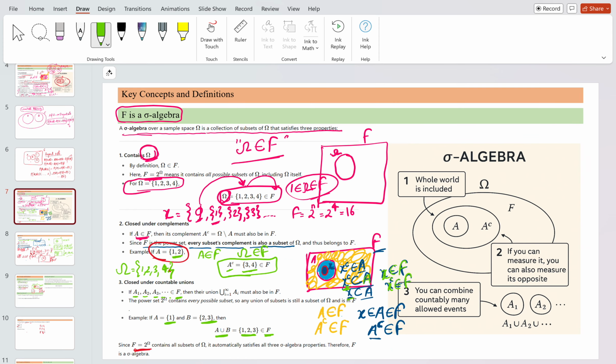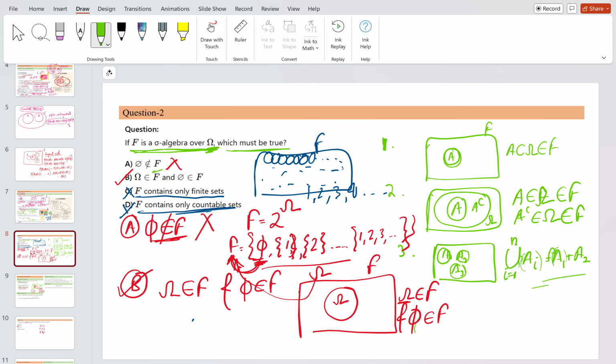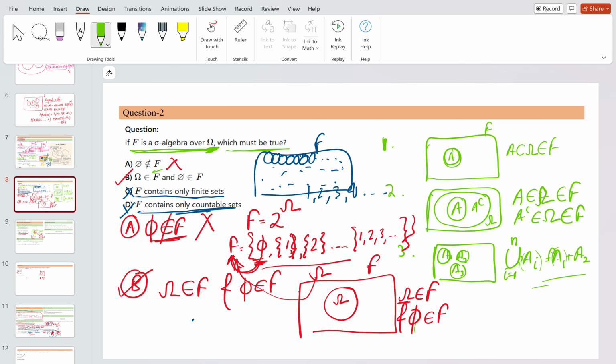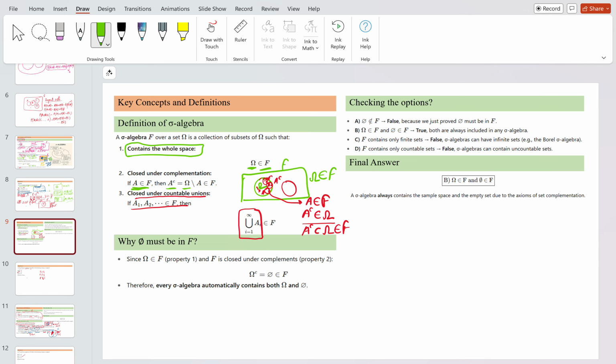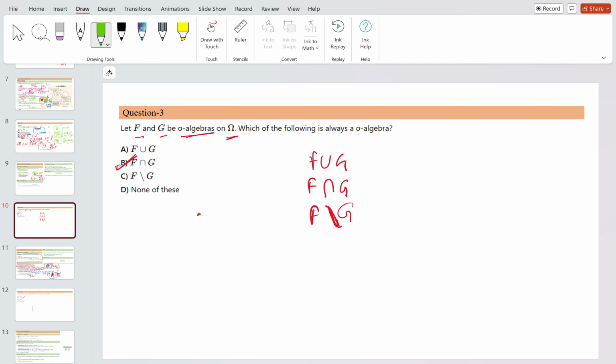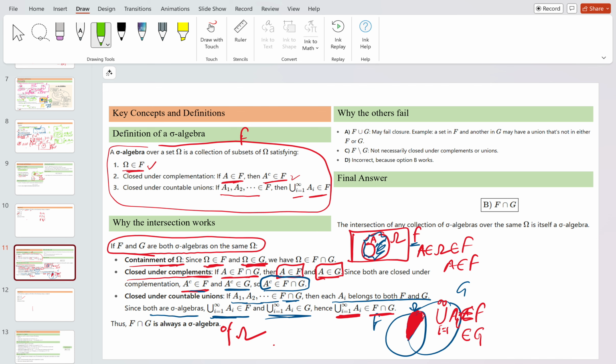Then we have already seen this from the example itself, and we have solved a few problems. Here also the important point is that when F is a sigma algebra over omega, it must be true that omega belongs to F and phi also belongs to F. Here the point was that there are two sigma algebras, F and G, on the same omega.